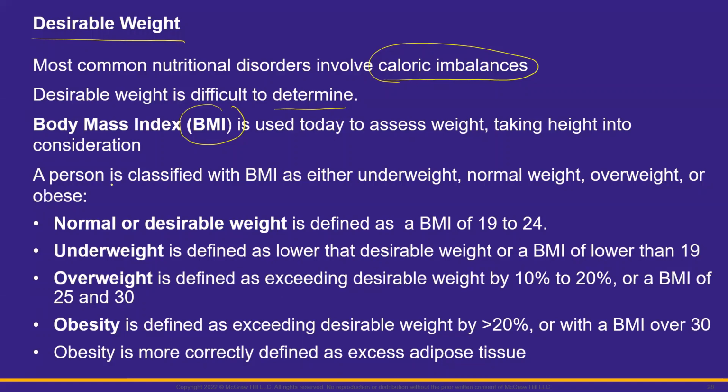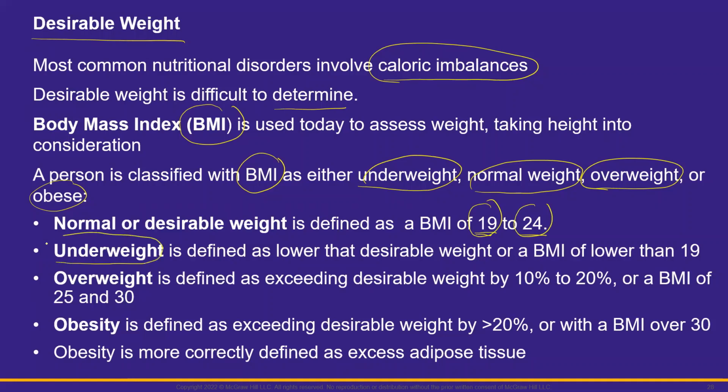A person will be classified based on the BMI as underweight, normal weight, overweight, or obese. Normal or desirable weight is defined as a BMI of 19 to 24. So the lowest BMI for normal weight is 19, the highest is 24. If it is under 19, that person is considered underweight.